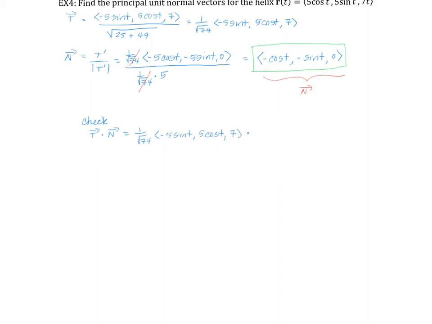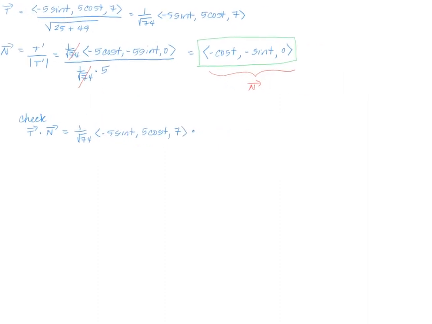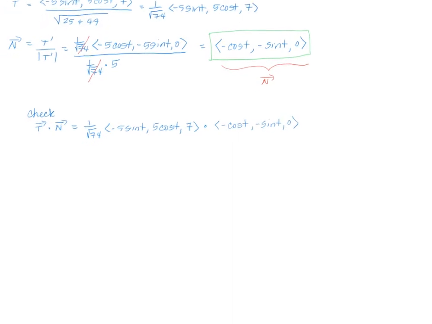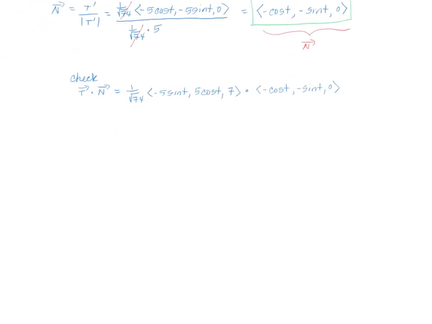And I'm going to dot that with my normal vector, negative cosine of t, negative sine t, 0. So if these are orthogonal, this dot product should be 0.